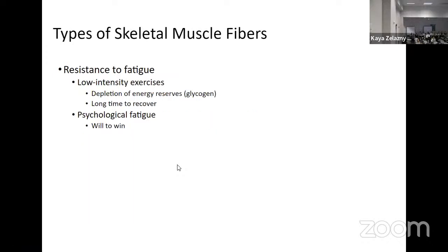Okay. For our low intensity exercises, we have depletion of energy reserves. That would be the glucose in your body, but also the glycogen. This is going to take a longer time to recover because we're not just recovering from, like, we compressed the blood vessels and we don't have oxygen and we need to get more acetylcholine there.